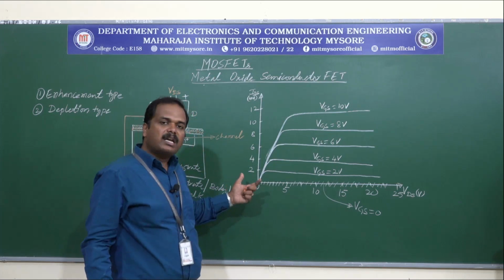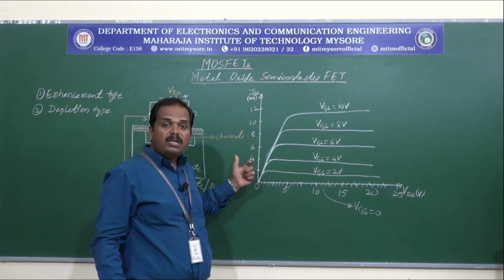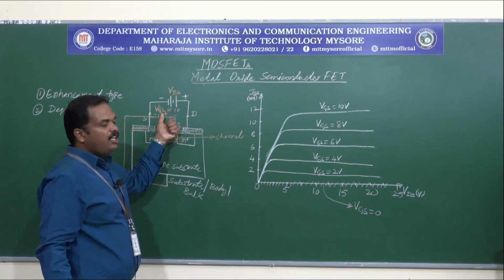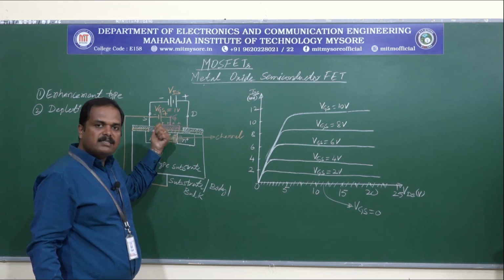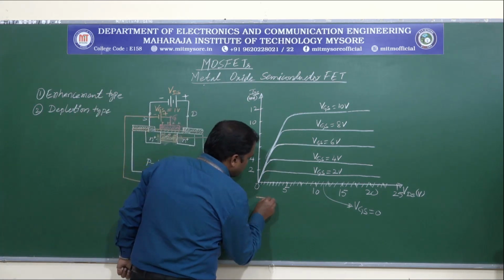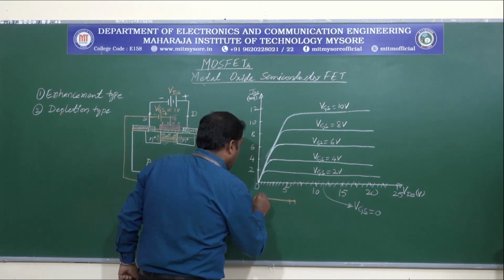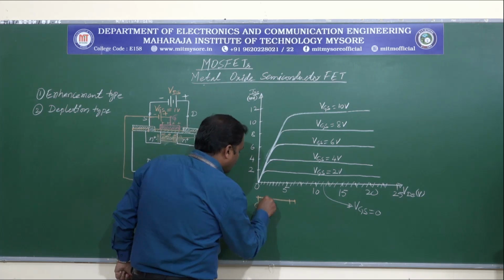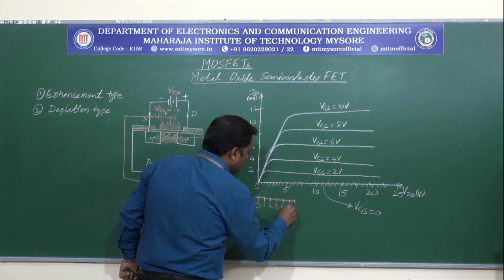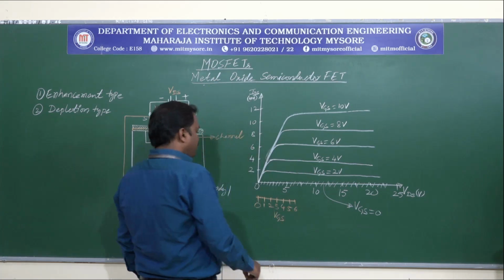Let us draw the transfer characteristics also. Transfer characteristics is what? How the current IDS varies with respect to changes in the input voltage VGS. Here VGS is considered to be the input voltage. So let us say here we will consider another scale. For VGS, this is VGS.